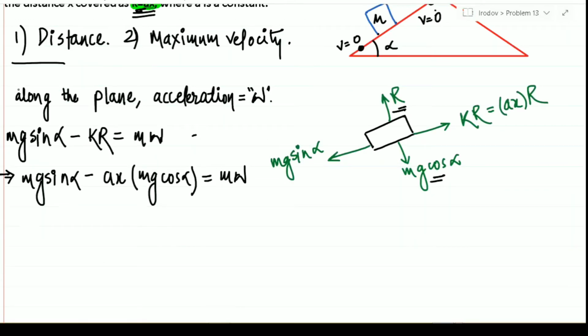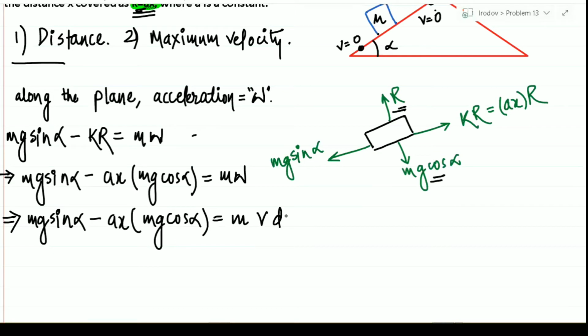Now, what we can do here is we will replace w, the acceleration, with this term v dv by dx. We have seen in the last problem that acceleration is equal to v dv by dx.